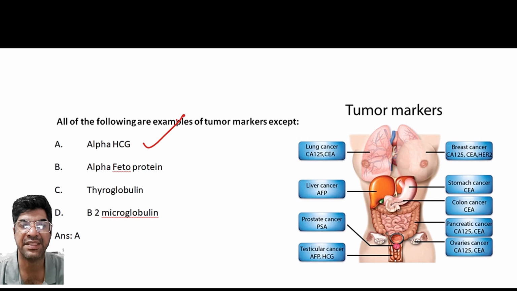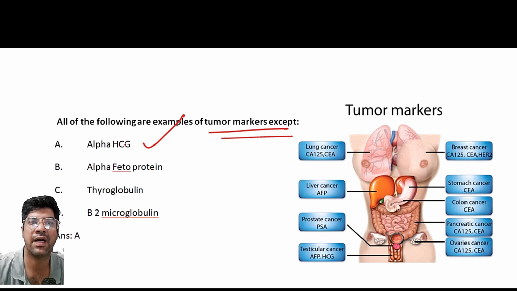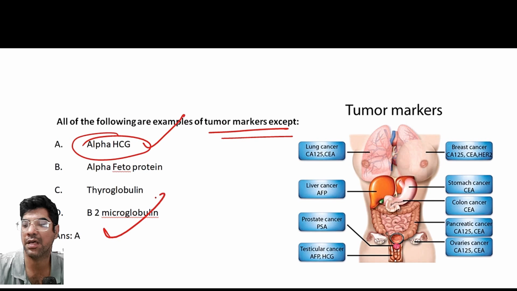Alpha HCG is a subunit of human chorionic gonadotropin, and it is not typically used as a tumor marker because of its cross reactivity potential with other hormones like FSH, LH and TSH. So all of the following are tumor markers except alpha HCG is the answer of choice.